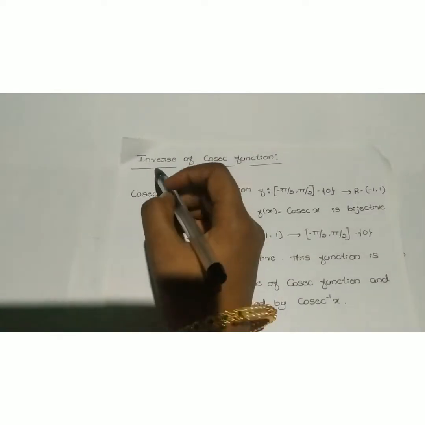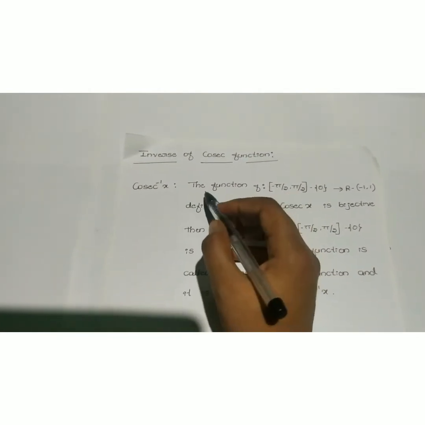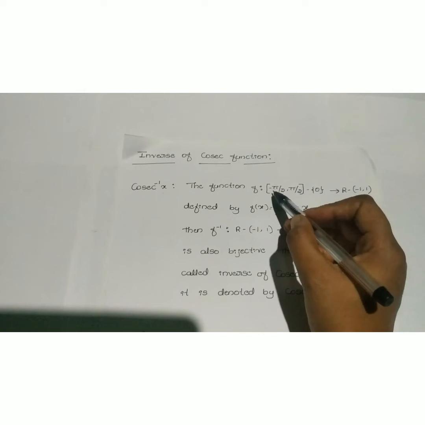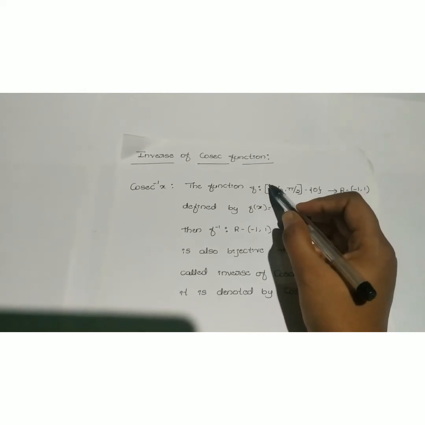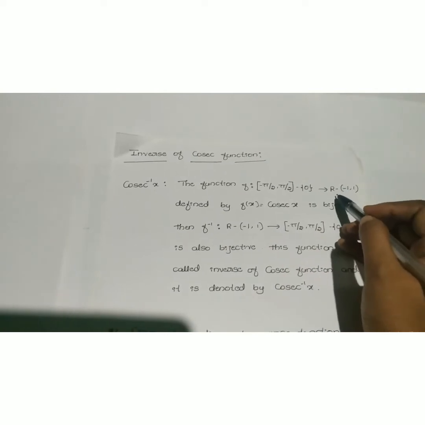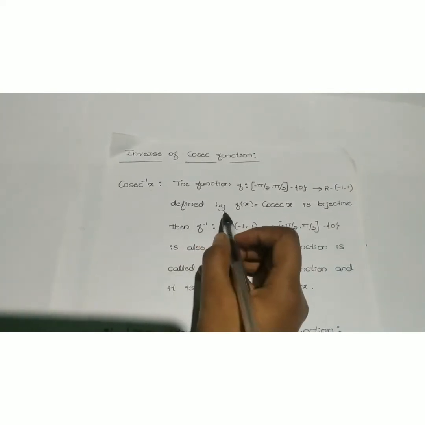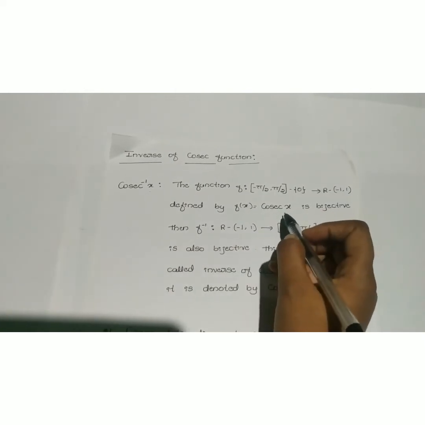So then the definition of the inverse of the cosec function. Inverse of cosec function, cosec inverse x. The function f is a mapping from the closed interval minus pi by 2 to pi by 2 except 0 to the real numbers except the open interval minus 1 to 1, defined by f of x is equal to cosec x, is a bijective function.